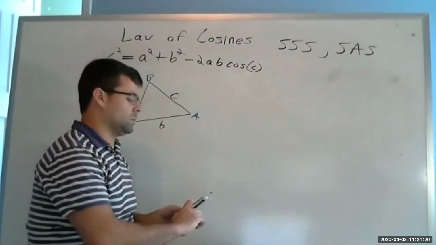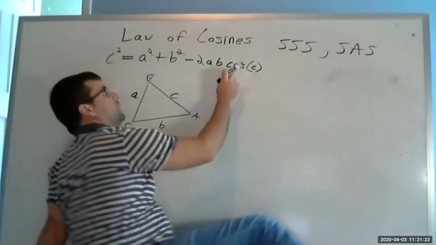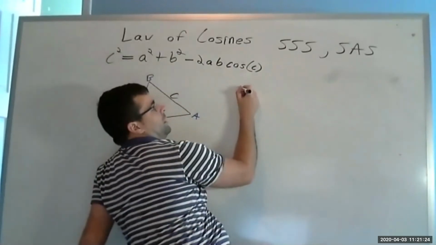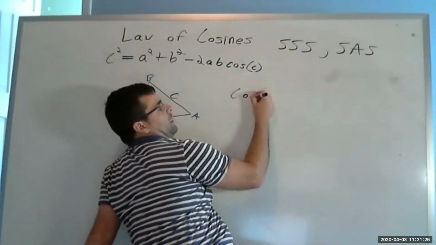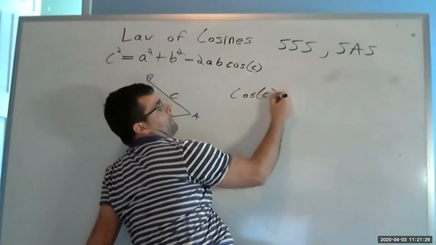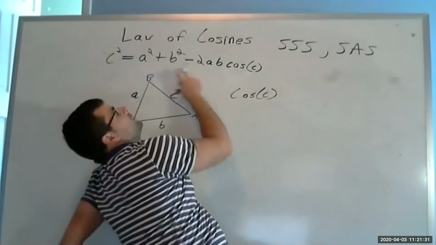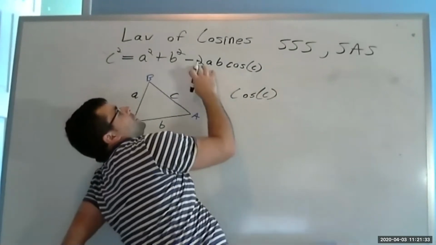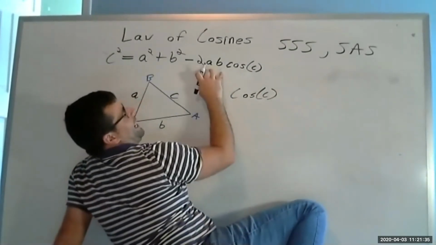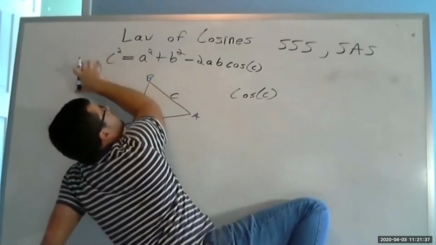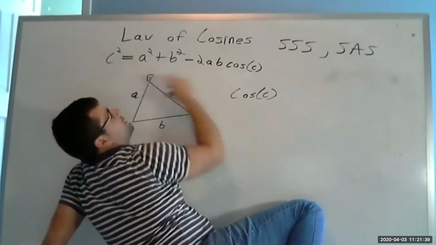So if you solve it for cosine C, well, we want to add this to this side and subtract this from this side.